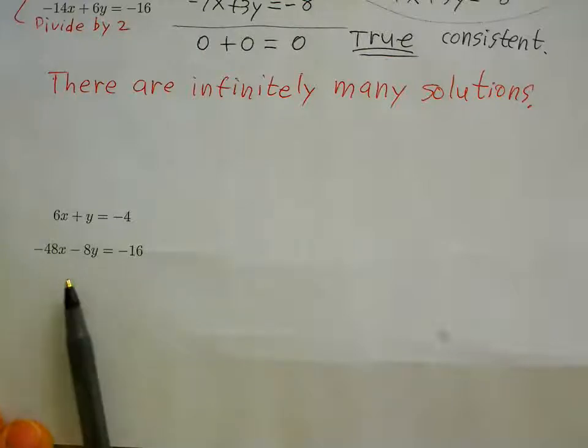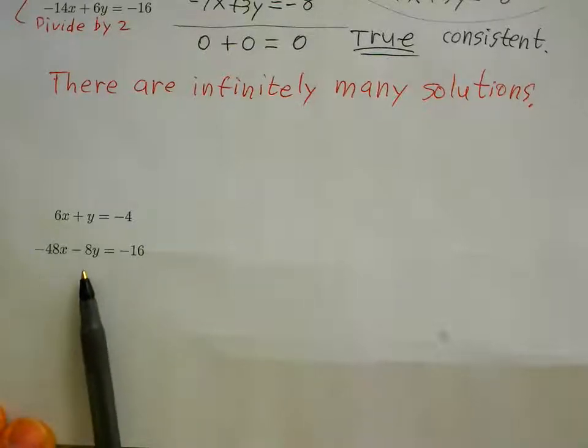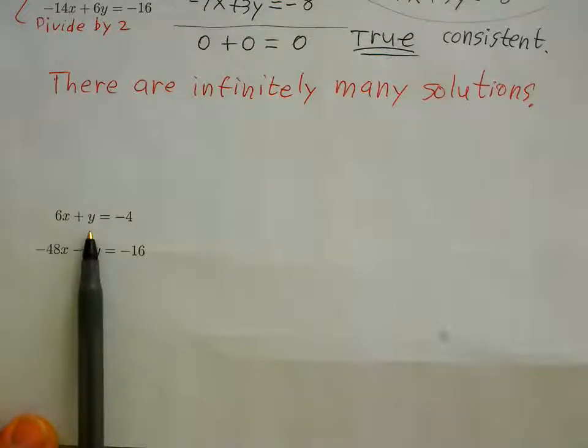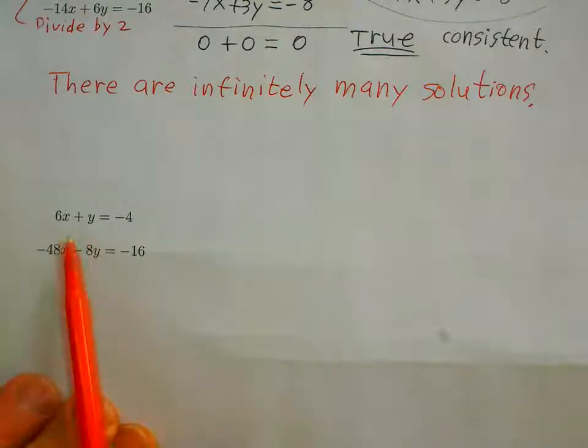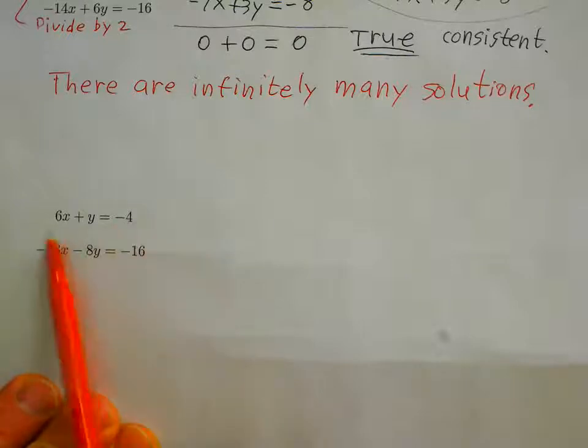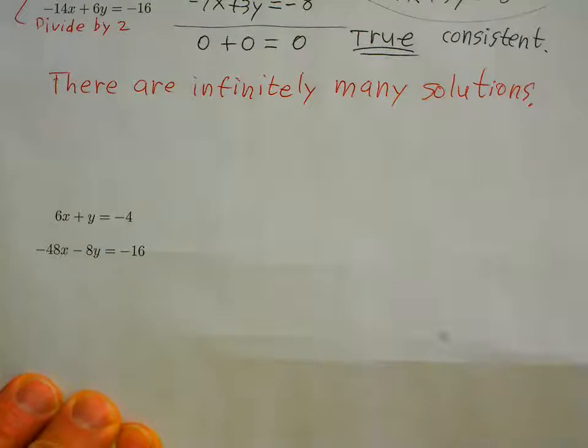In the top equation, the coefficient of y is positive 1, and in the bottom equation, the coefficient of y is negative 8. So if I multiply every term on both sides of the top equation by positive 8, then the top equation will have a y term 8y, the bottom equation will have a term negative 8y, and when I add 8y to negative 8y, I get 0. So that's an elimination.